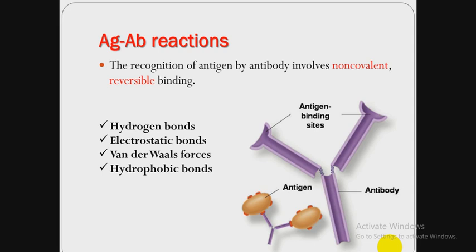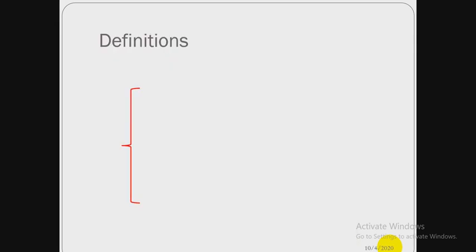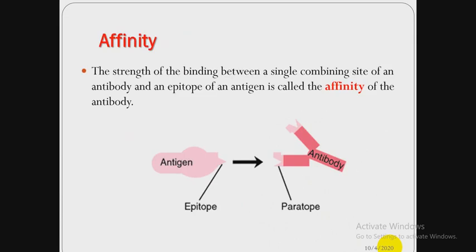And the most important issue is that the reaction of antigen and antibody is reversible because these bonds are not covalent. We have two definitions in reaction of antigen and antibody. The first one is affinity and the second one is avidity.